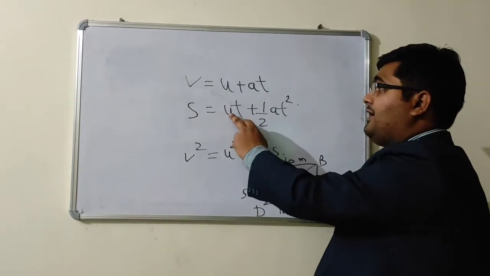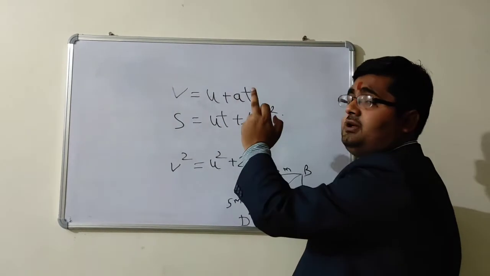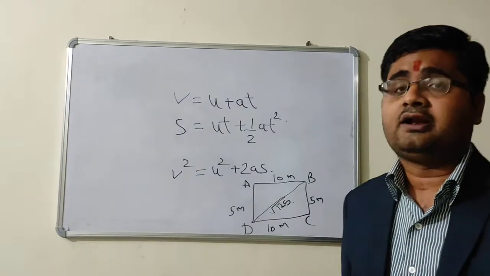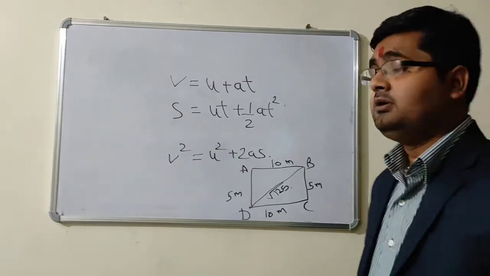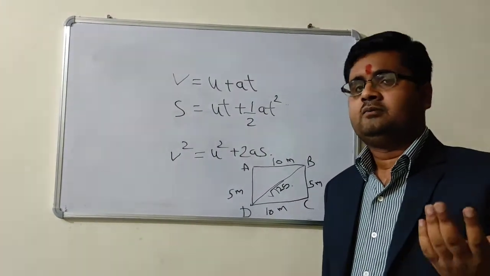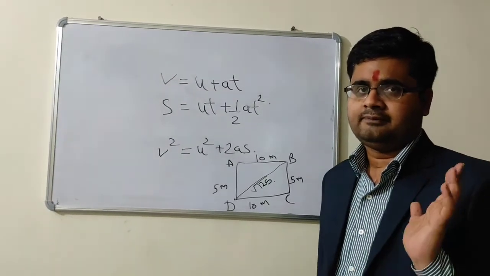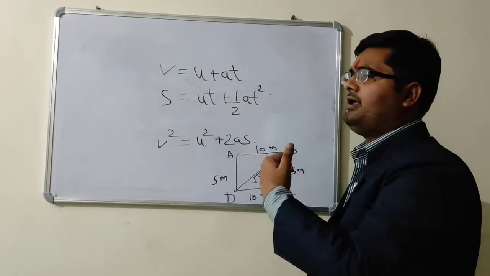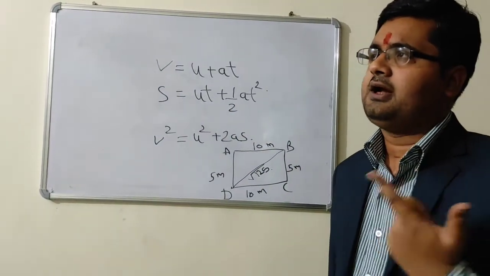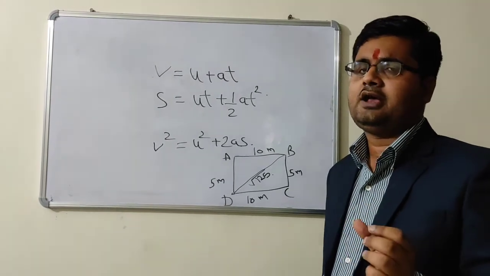So U is initial, V is final, and acceleration is what I have told you, the rate of change of velocity. Means final velocity minus initial velocity upon time. You start your body at rest and reach a final velocity in such a period of time.